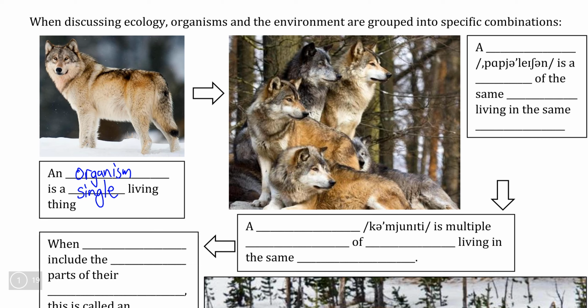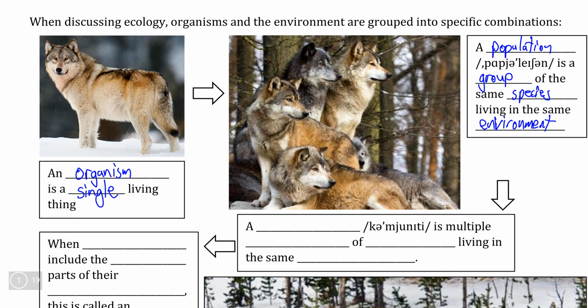So if we go to this second picture here, this group of wolves represents what we call a population, which in ecology is defined as a group of the same species of organism that all live within the same environment.